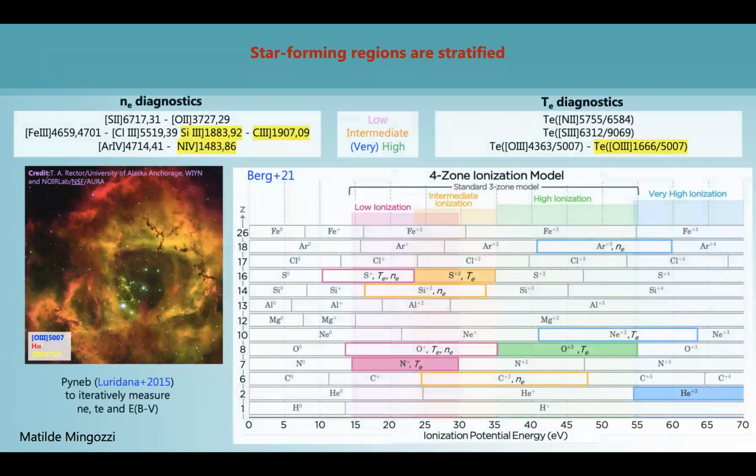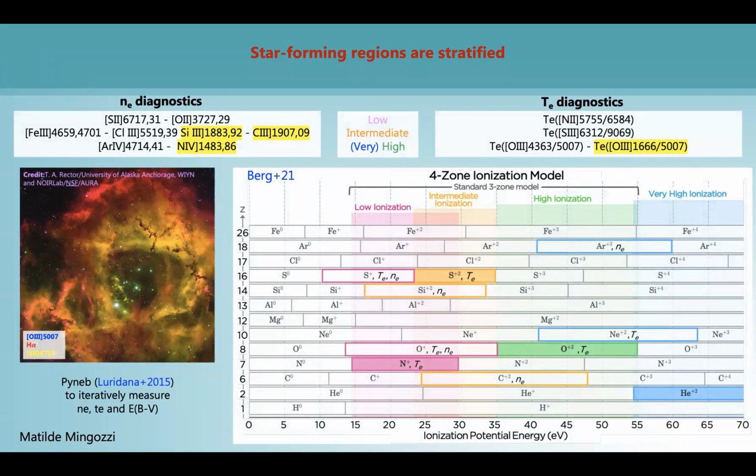In this much more complex cartoon that I took from Berg 2021, what you can see is that each region is stratified. They are characterized by regions of high ionization closer to the ionization source, and then moving towards external regions, low ionization regions. So in order to study the properties, you have to use a coherent analysis. For the low ionization, you have to use, for the temperature, for example, the N2 temperature, and to measure the density, the sulfur 2 emission lines.